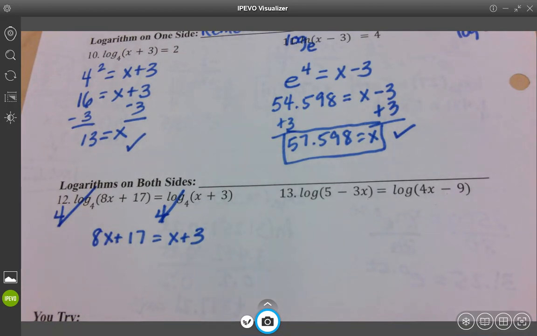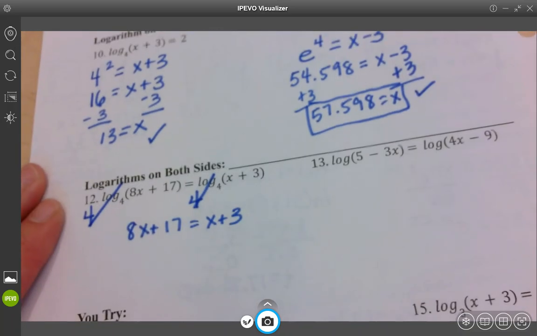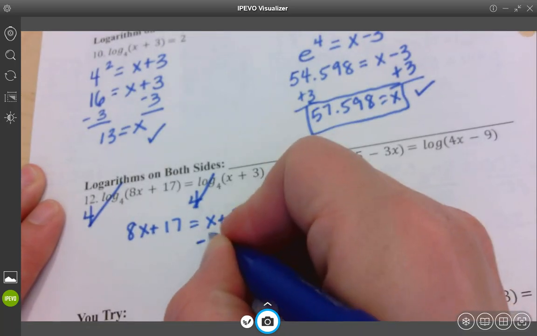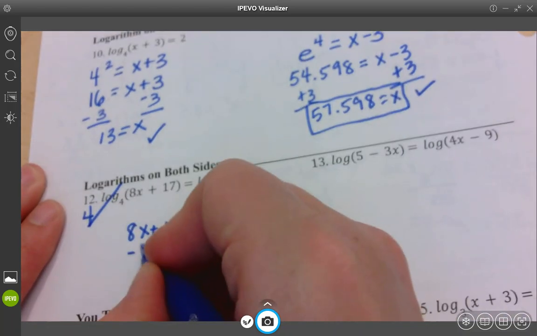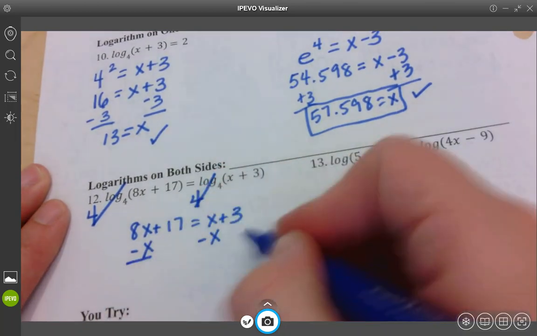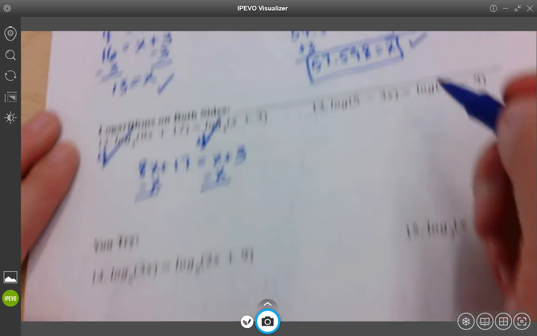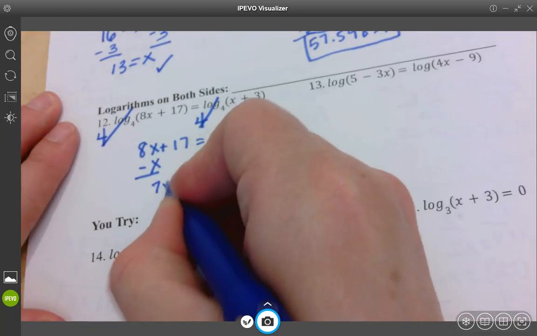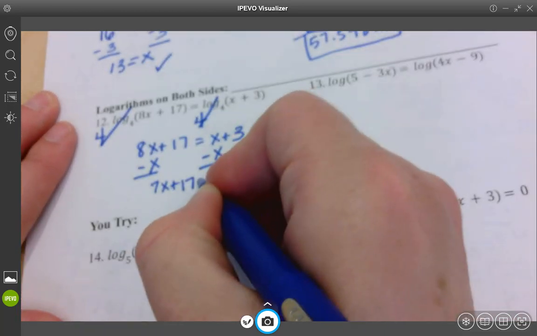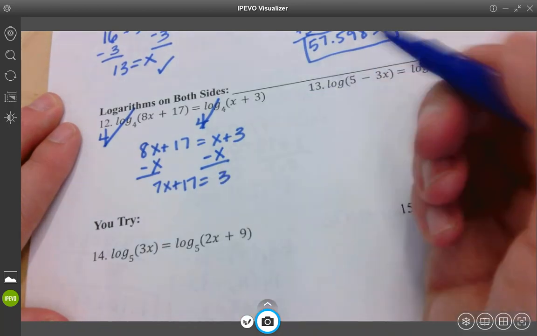Yeah, so now we just solve it. Okay, so what should we do? Do you guys want to subtract 8x or x? I'm gonna go with Gideon's suggestion because it seems like an easier thing to do. But you could subtract 8x. What's 8x minus 1x? 7x. Good. So I have 7x plus 17 equals 3.